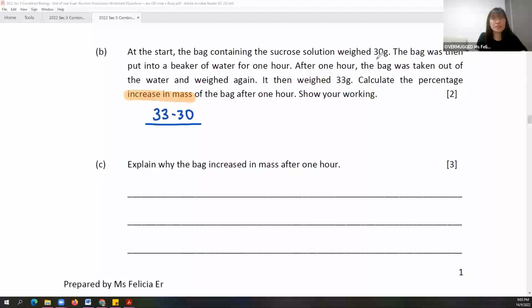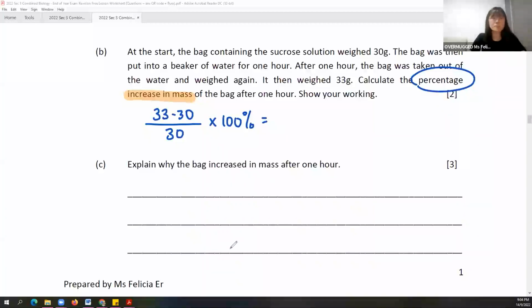Do you divide by the initial one or the final one? What's the denominator? Should it be the initial or the final? Is it 30 or 33? Yep, thank you, HJ, and thank you, Kirsten too. It's always the initial. Then since they're asking for percentage, just times 100%. I leave it to you to press the calculator on your own.